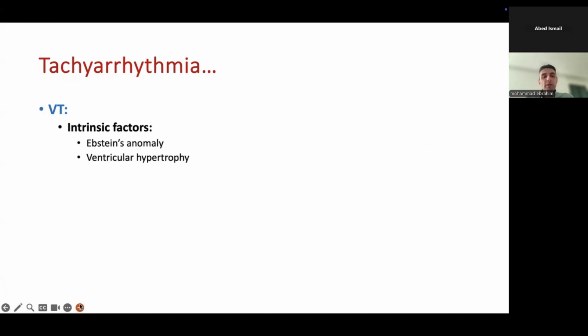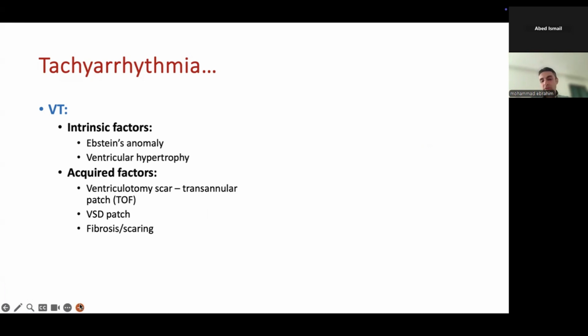In terms of VT, obviously, Ebstein's anomaly patients, because of the abnormal right ventricle as well, are at risk of ventricular tachycardia, as is any patient with ventricular hypertrophy because of associated congenital heart disease.